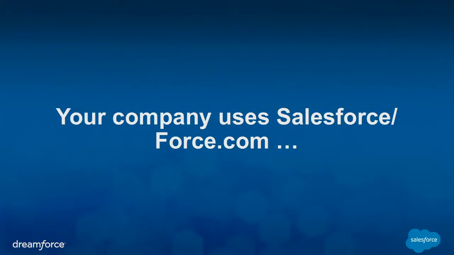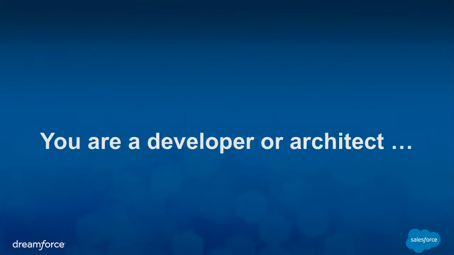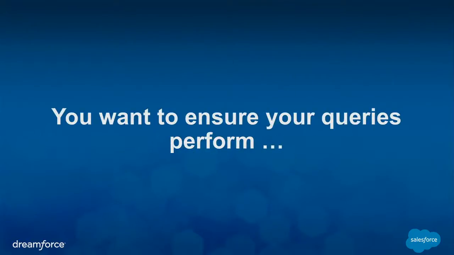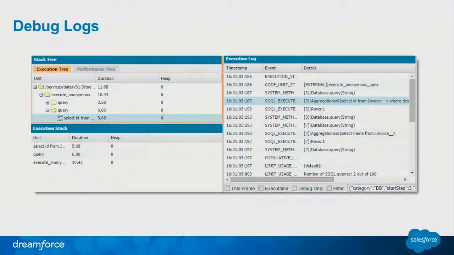So I'm assuming you're here because you use Salesforce and the Force.com platform. You're a developer or an architect, and you want your queries to perform well. Before Summer '14, how many of us used debug logs to look at how fast our queries perform?